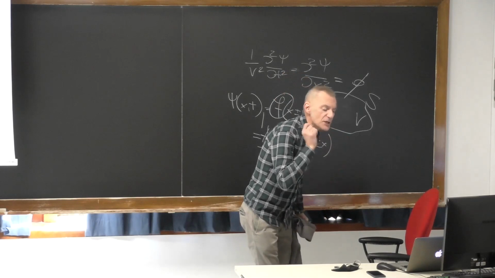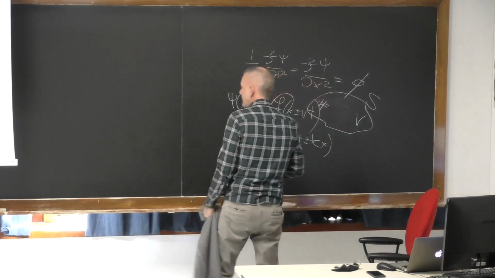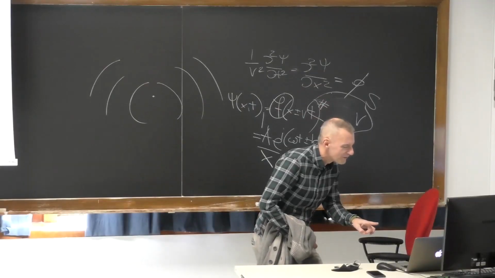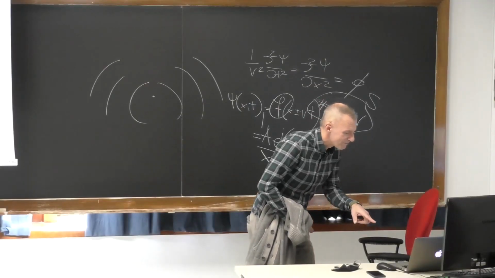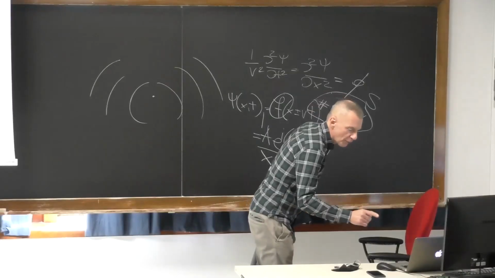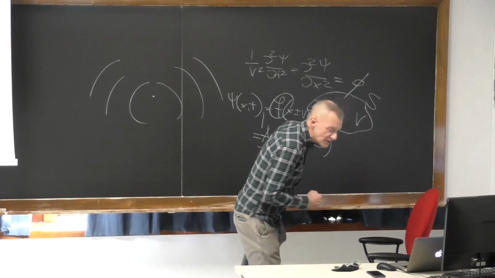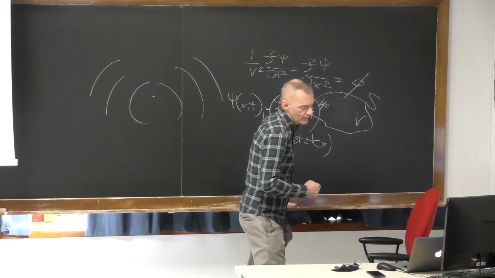Because if you consider spherical waves and not plane waves, energy goes with the square of the radius, but amplitude has to decay as 1 over distance.